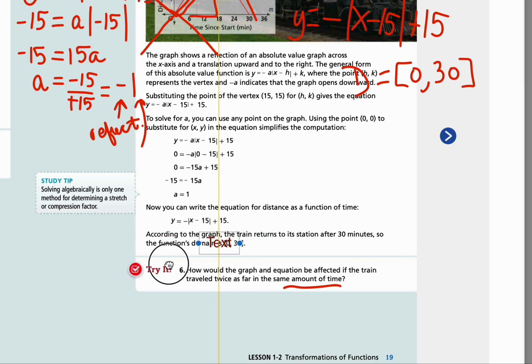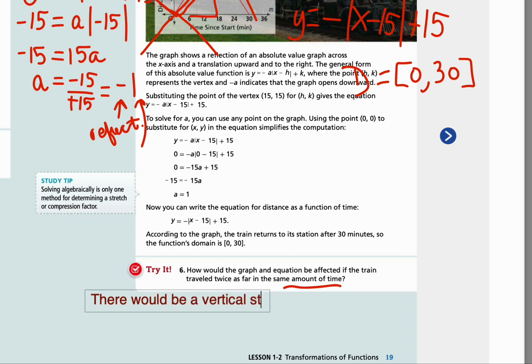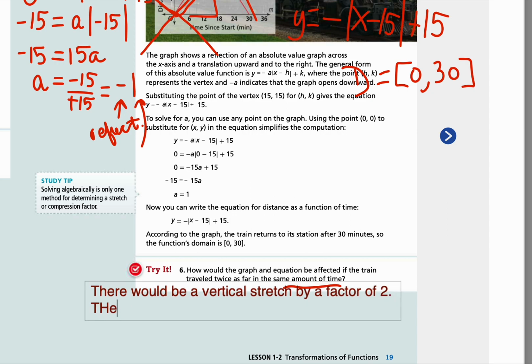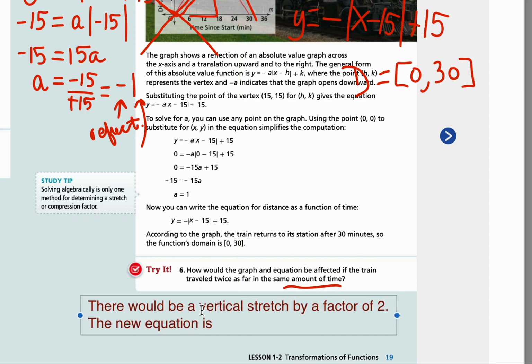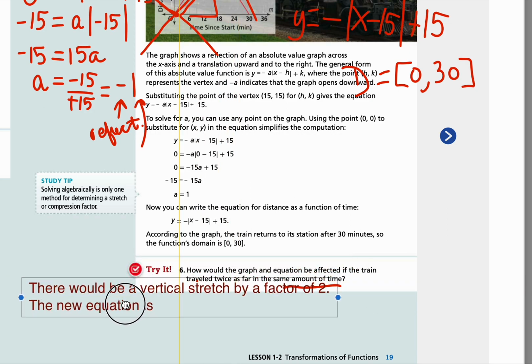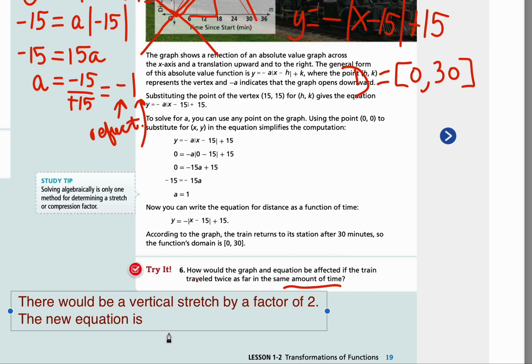So let's write that down. There would be a vertical stretch by a factor of 2. The new equation is y equals negative 2 absolute value of x minus 15, plus 15.